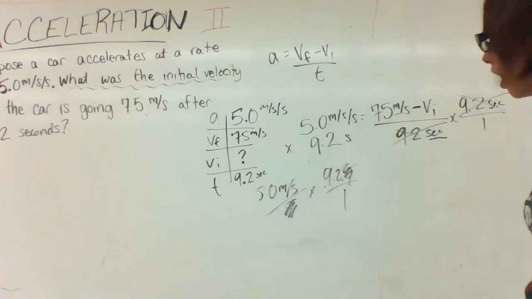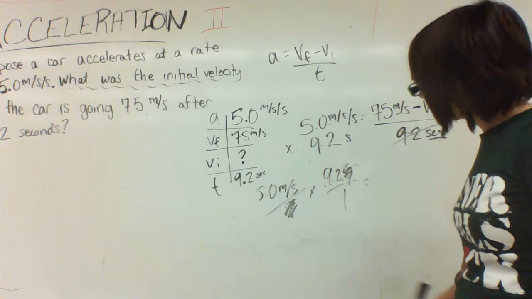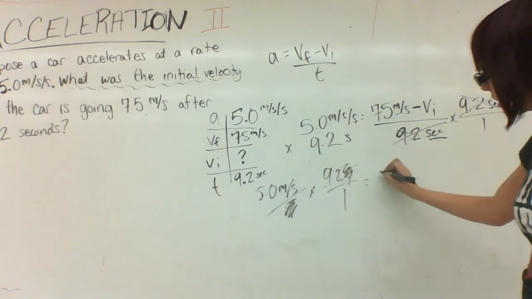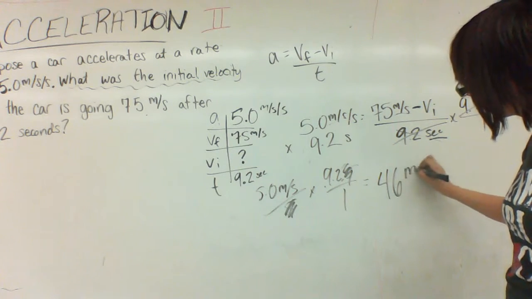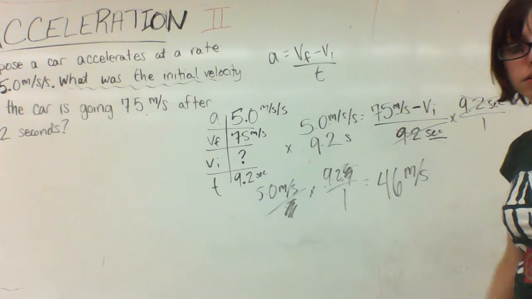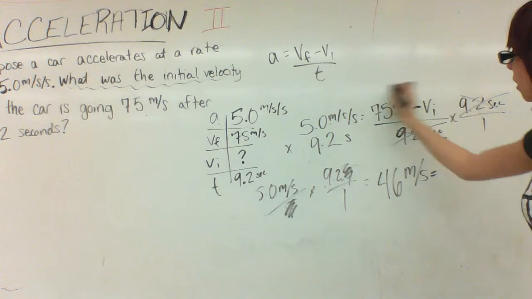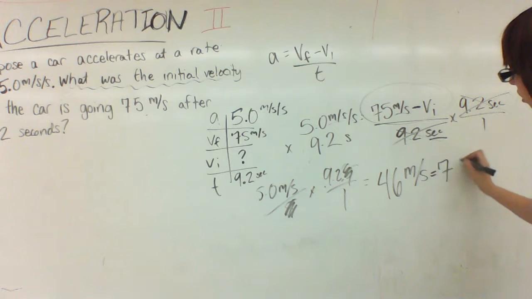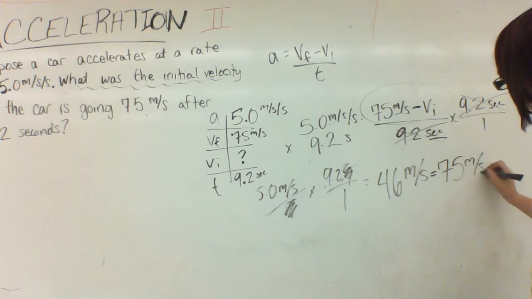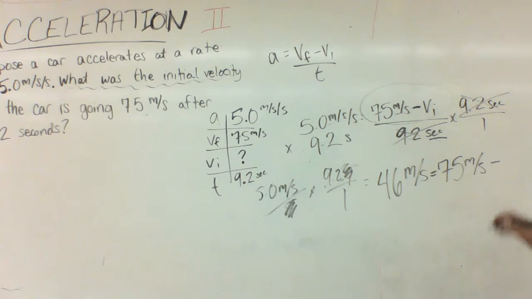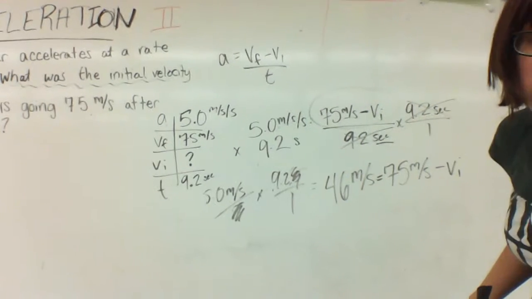So 5 times 9.2 turns out to be precisely 46 meters per second. And that equals the remainder of this equation, 75 meters per second minus VI. Okay? So we're getting there.